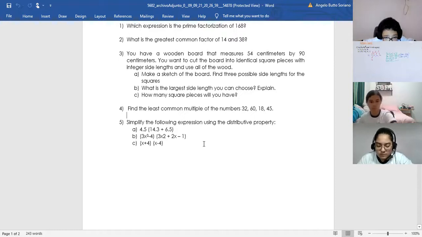Got it? And in the letter C, remember, x will multiply x minus 4. And the number 4 on the right side will multiply also x minus 4.